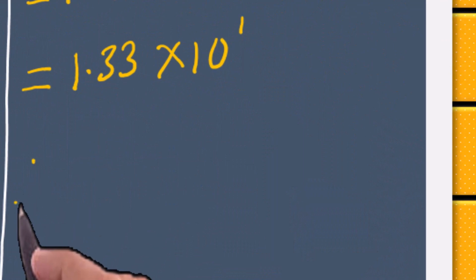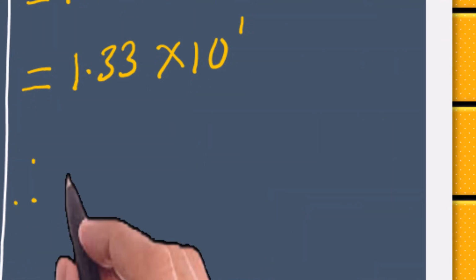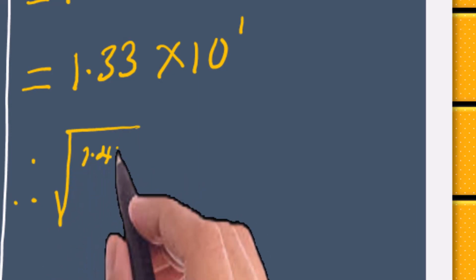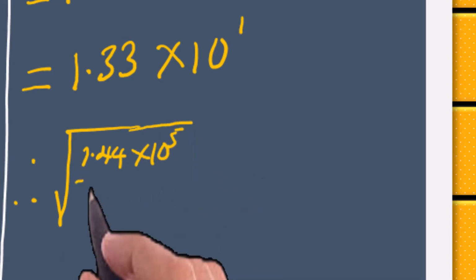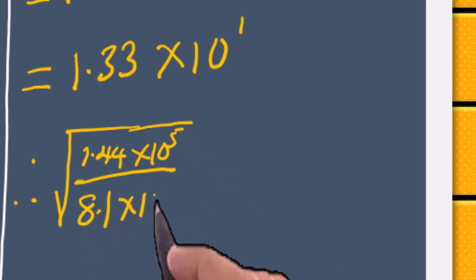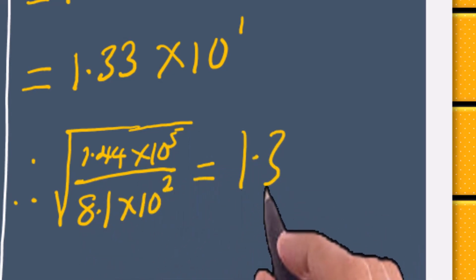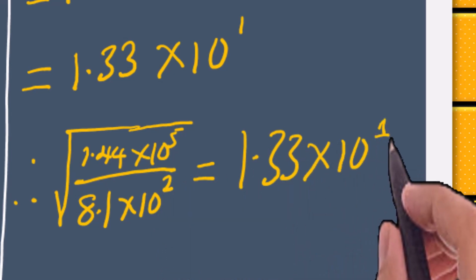Therefore, we have the square root of 1.44 times 10 raised to the power of 5 all over 8.1 times 10 raised to the power of 2 equals 1.33 times 10 raised to the power of 1.